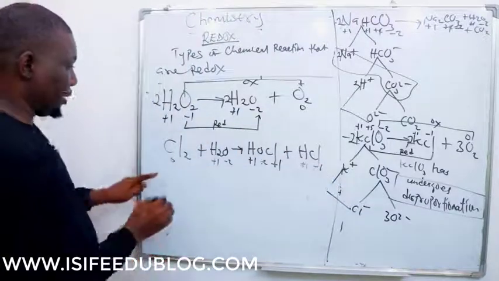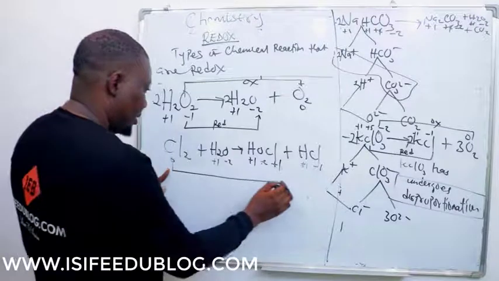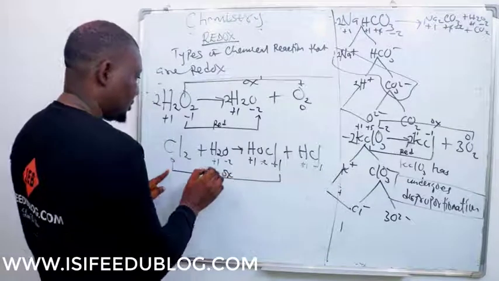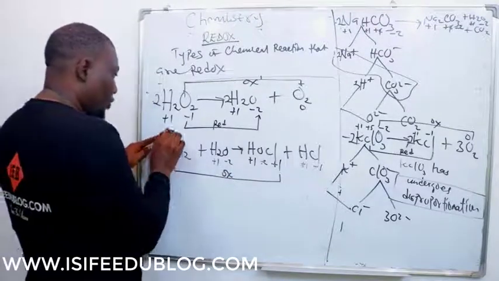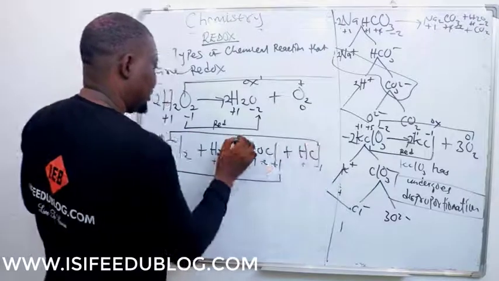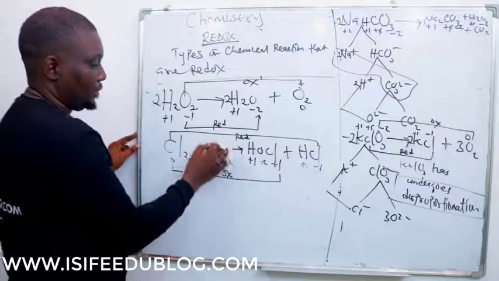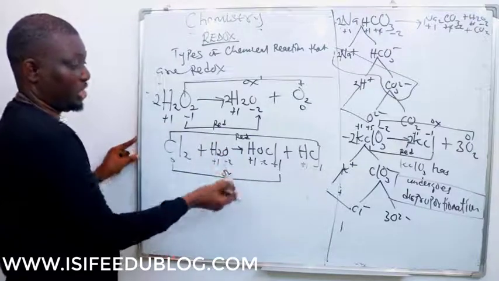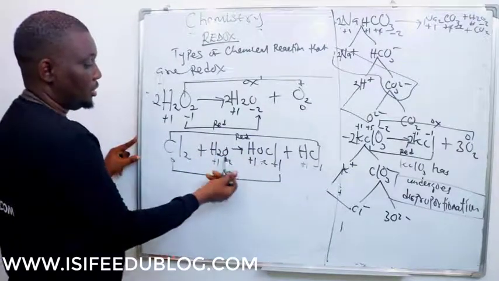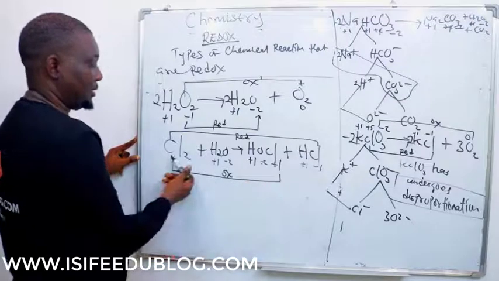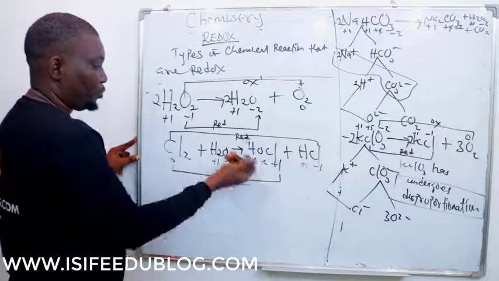Okay, in this reaction, chlorine coming over here has oxidized. Then chlorine going over to HCl has reduced. There is nothing this water is doing in this reaction because there has not been any change. H is still the same on both sides. O is still the same on both sides. So the only one that has changed from one form to another is chlorine.